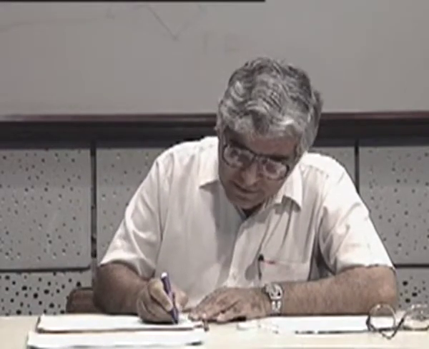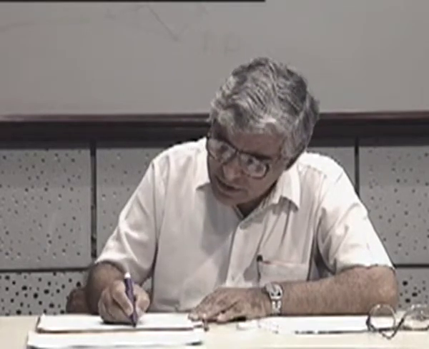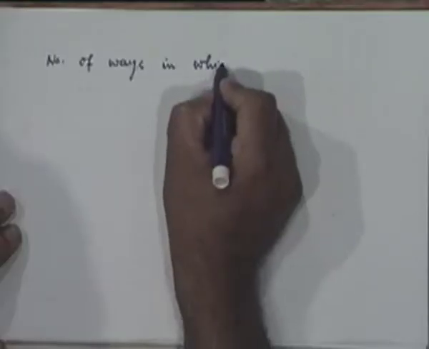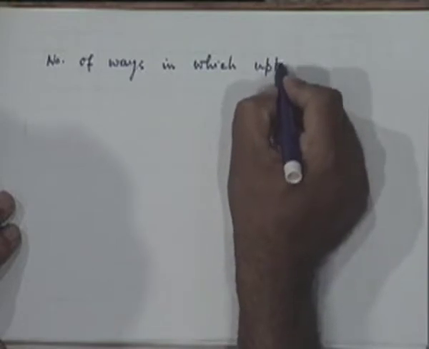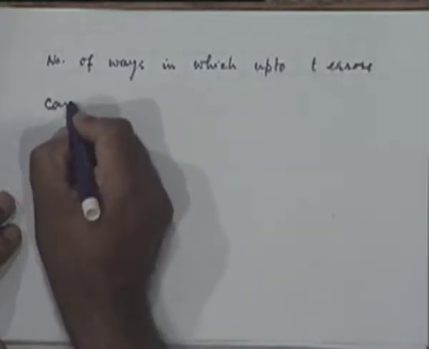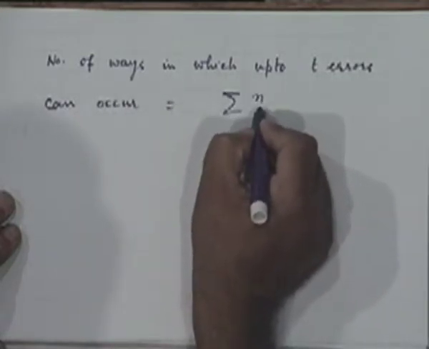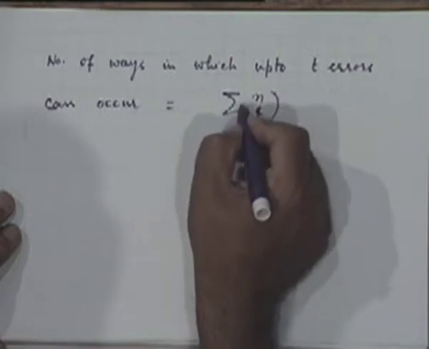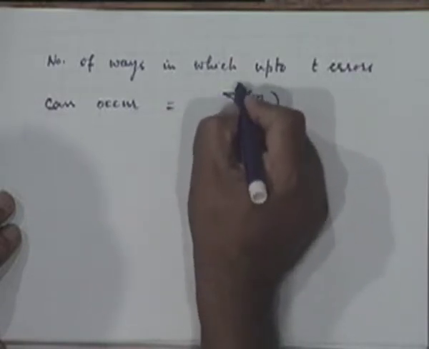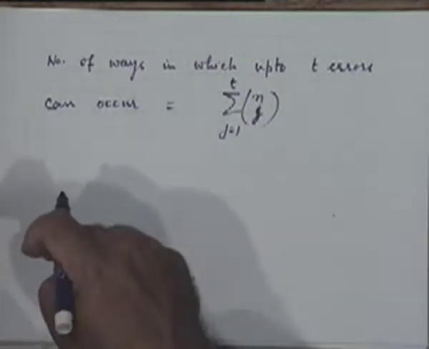Now, therefore, that implies that the number of ways in which up to T errors can occur, what will be that? That's right. You take the sum of nCj, j equal to 1 to T, not 0, because 0 will include the code word.